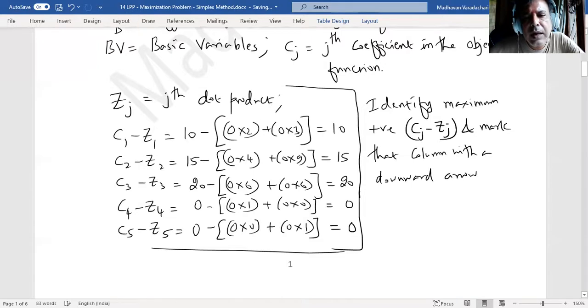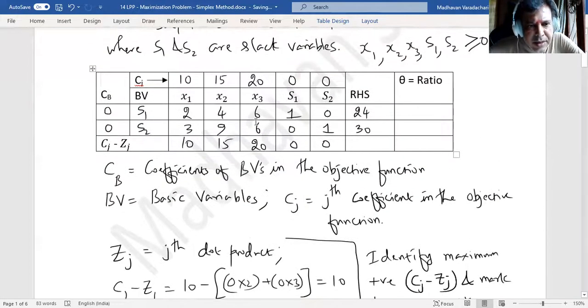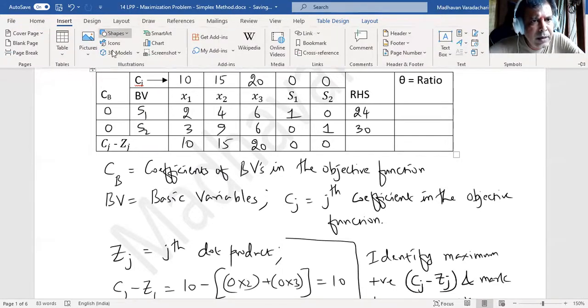So what does that mean? Among all the Cj minus Zj, we may notice the maximum is 20. This column, I'll have to mark it with a downward arrow mark. Like this.